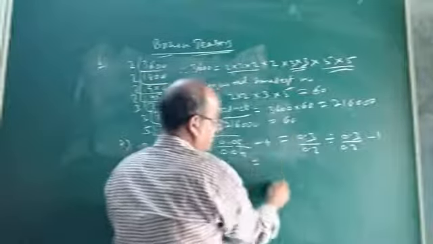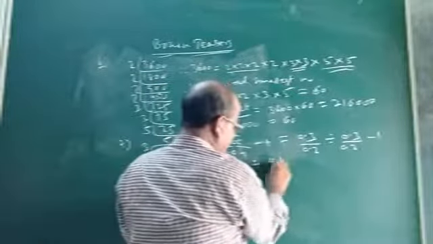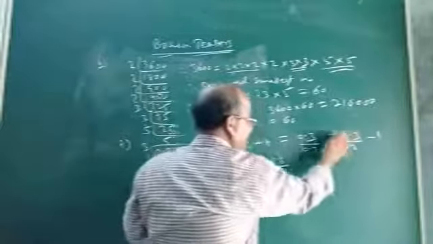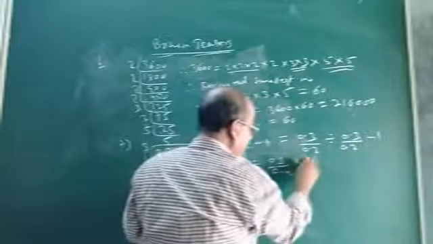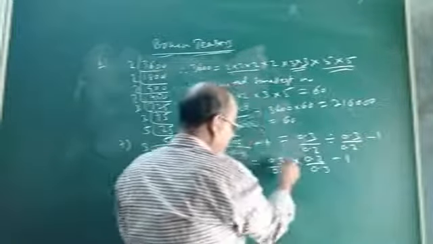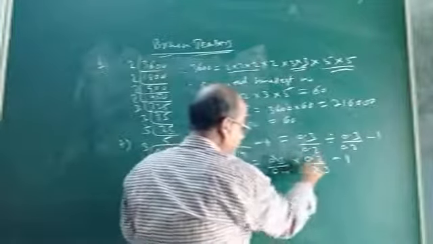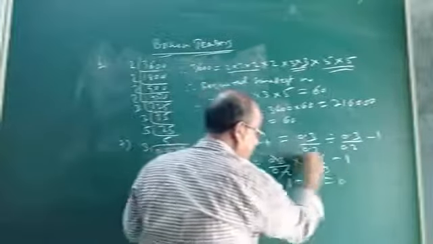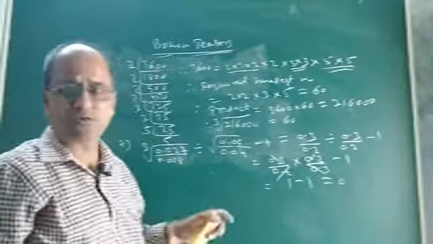Now this is 0.3 by 0.2. Here it is division, so take the reciprocal of this number and multiply 0.2 by 0.3, minus 1. Now this term cancels, so it will be 1 minus 1, which is 0. So the answer will be 0.